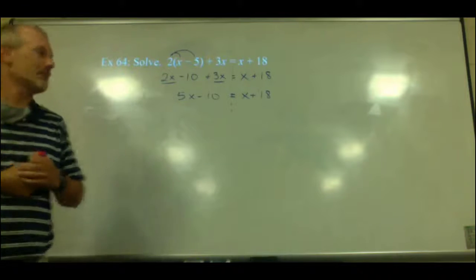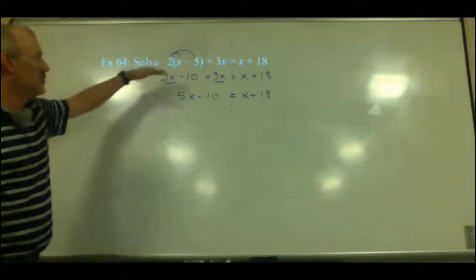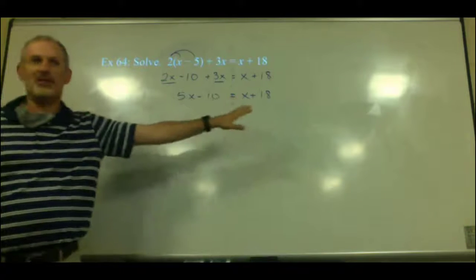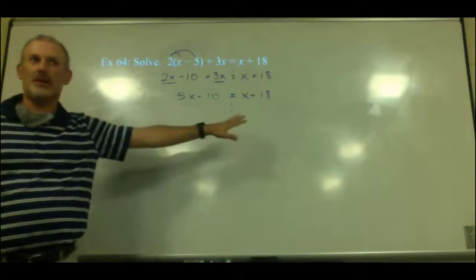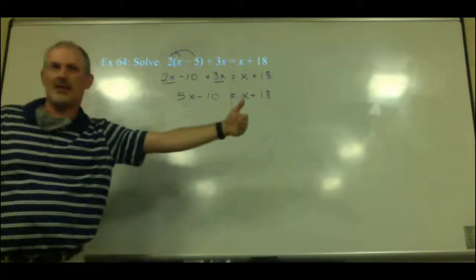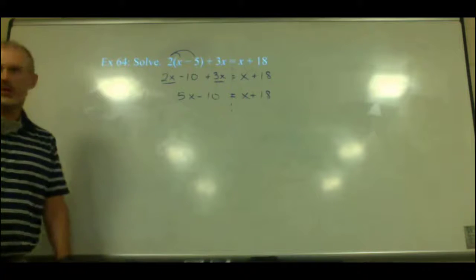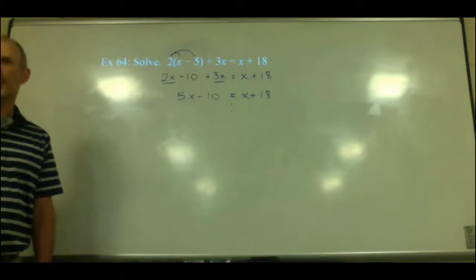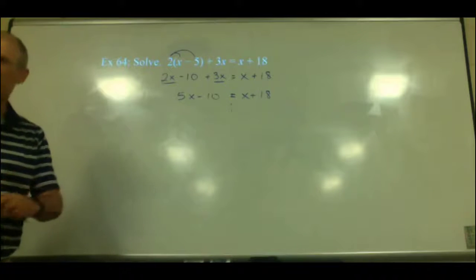I know that's going to probably take some practice because that tends to be confusing to people. Okay, once we've simplified that left-hand side, this looks like the last two examples that we have just been doing, right? Where there's an x on both sides. So what do you think we should do next? Which one is the smaller one? The 1x. How do we get rid of it? How do we cancel it?